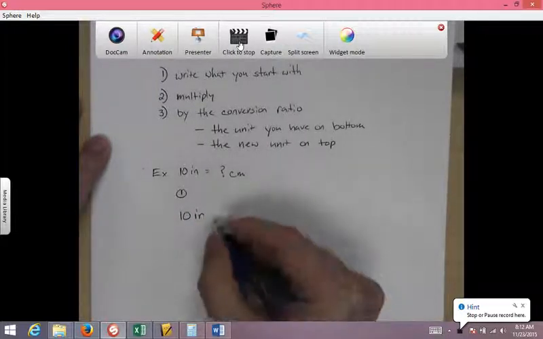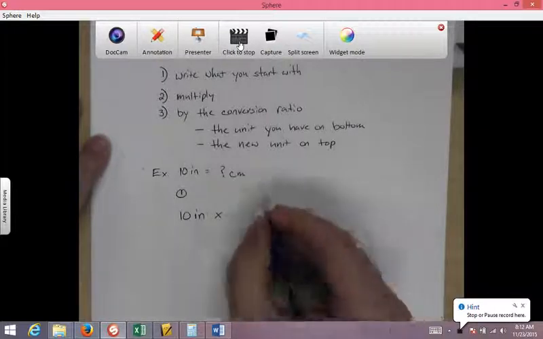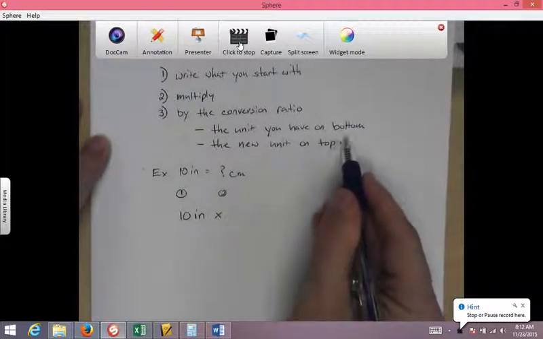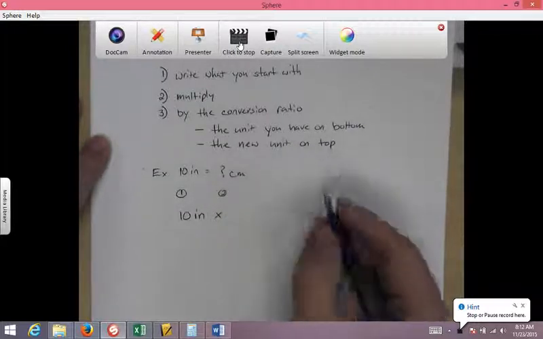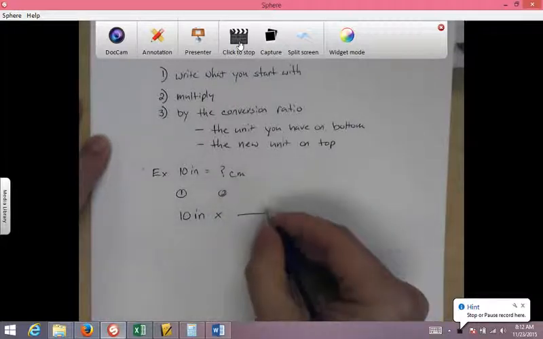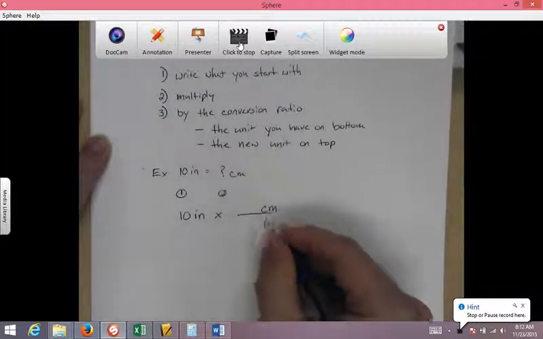Step 2, you're going to multiply. And step 3, you're going to multiply by the conversion ratio, and the unit that you have goes on bottom, the new unit goes on top. The new unit I have is centimeters, that goes on top. The unit I have, which is inches, goes on bottom.